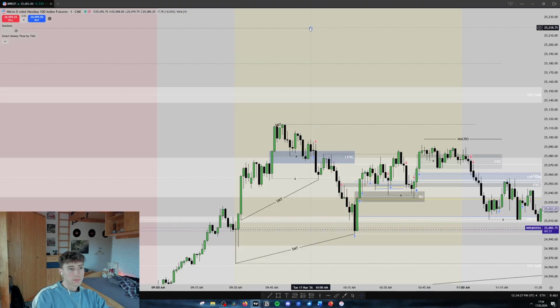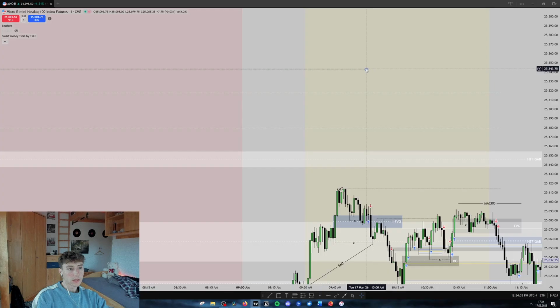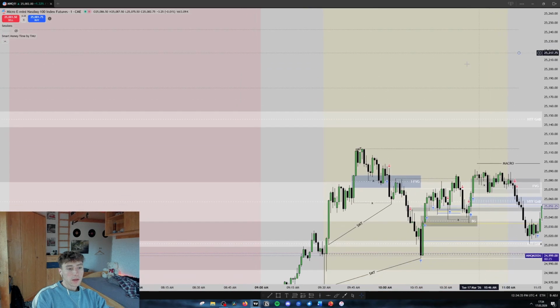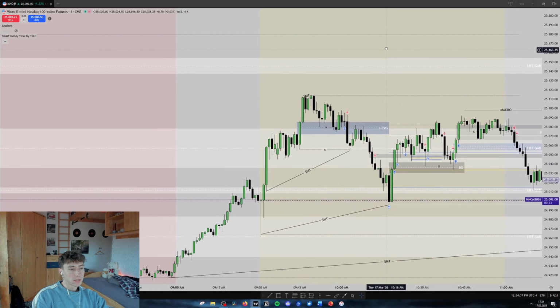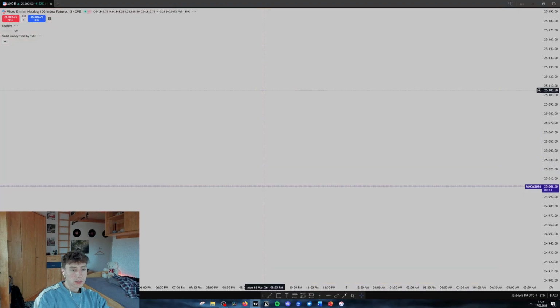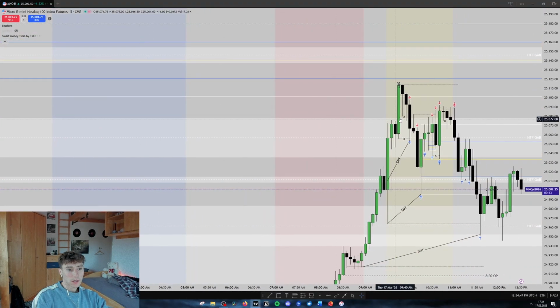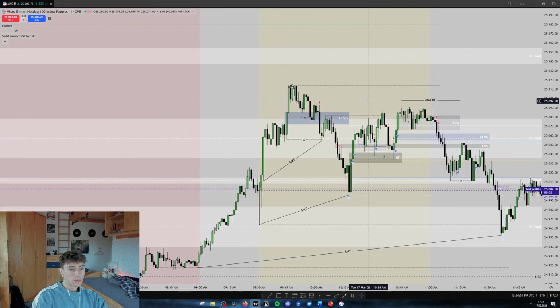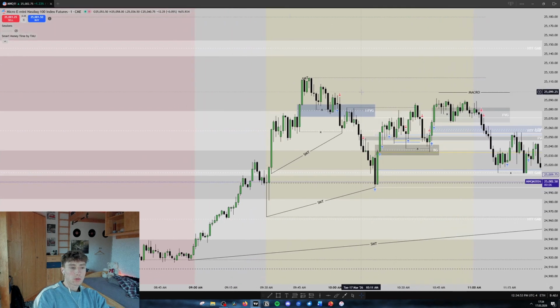I have the hourly and daily buy side and sell side liquidity in mind above here, and I don't want to trade against the trend in that case. So I just want to see a sell side liquidity sweep, eventually trade back into a 5-minute fair value gap, and from there I want to frame a bullish buy, so a long setup.